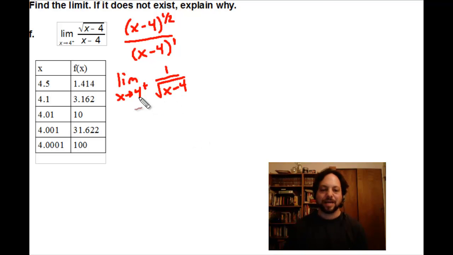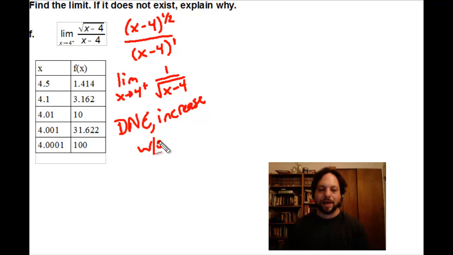And so what we can say about this, the limit as x approaches 4 from the right side of 1 over square root of x minus 4, we can say that this limit does not exist, as it tends to increase without bound. And I'm actually going to write that here, increase without bound.